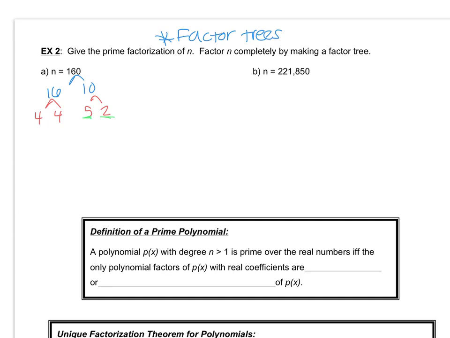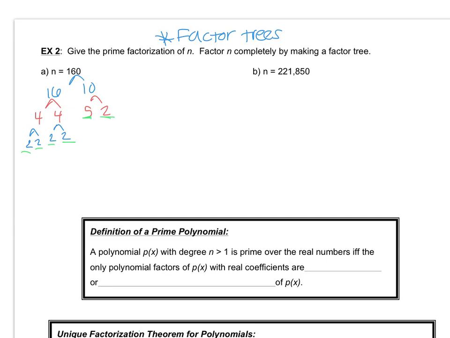But 4 and 4 can still be broken down. So 4 can be broken down into 2 times 2, and this 4 can be broken down into 2 times 2. So once you get to that bottom level where every number is broken down into that smallest prime factor, you've broken down 160 into 2 times 2 times 2 times 2 times 5 times 2.